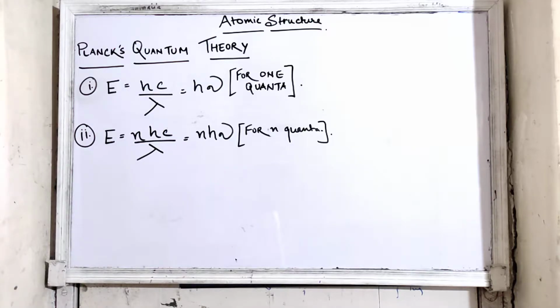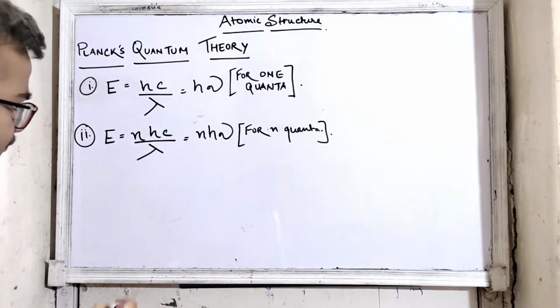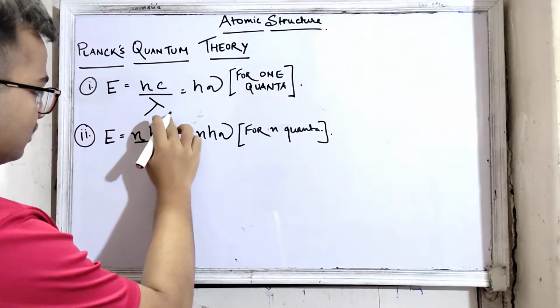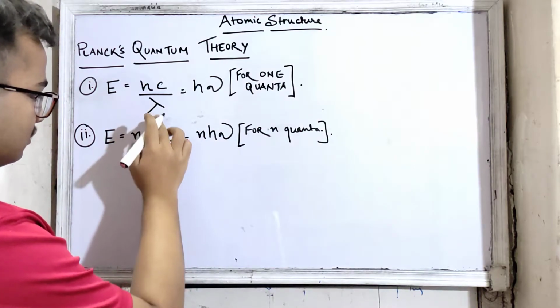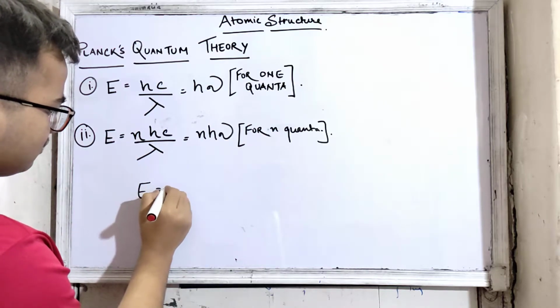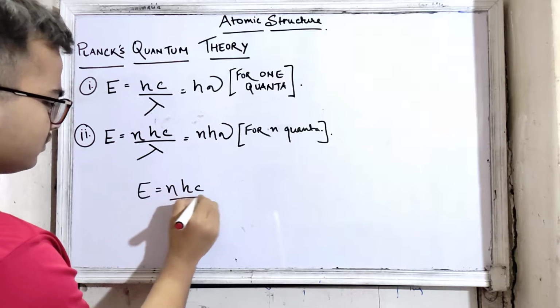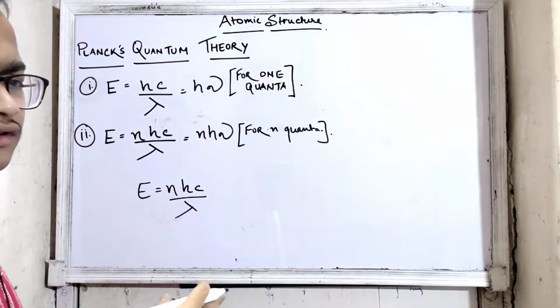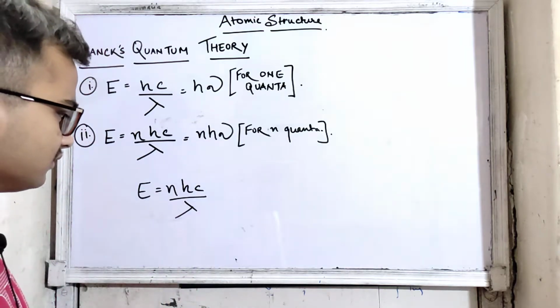Now see here, if we copy the same thing over here, it is coming E equal to nhc by lambda. H is the Planck's constant and c is the speed of light.